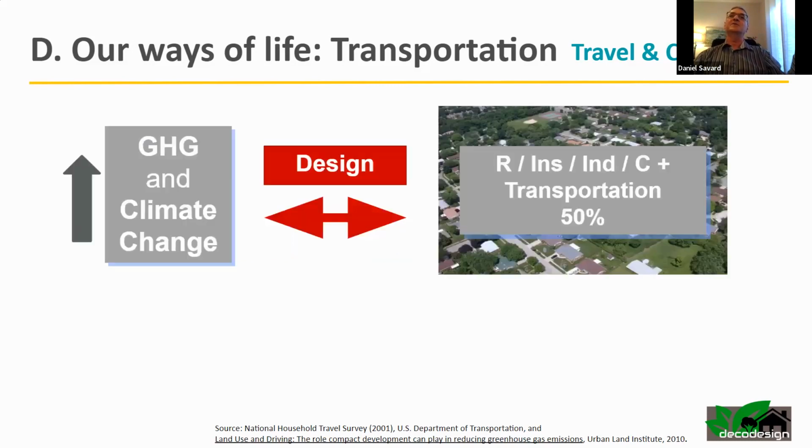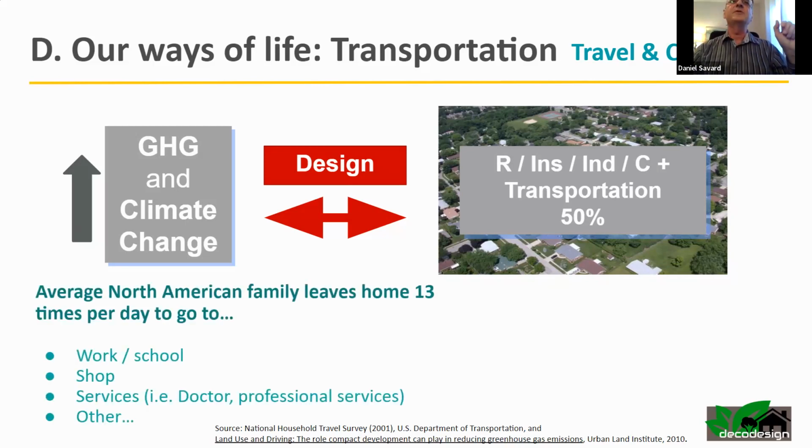Now, interestingly, if you put the two together, land use activities plus transportation, roughly we're going to see 50%. But here we're going to start to think about design, because think about that. The average North American family leaves home 13 times per day to go to work, school, shop, services, other.